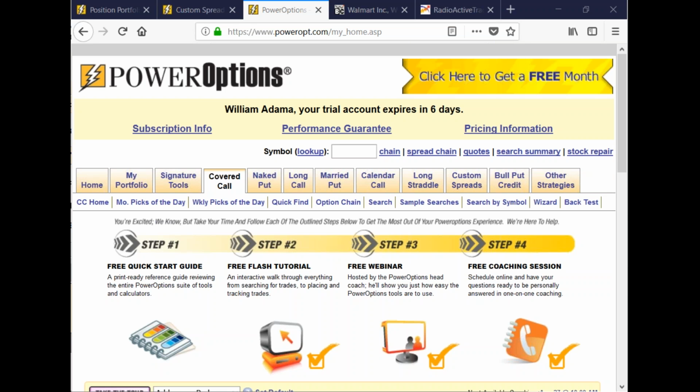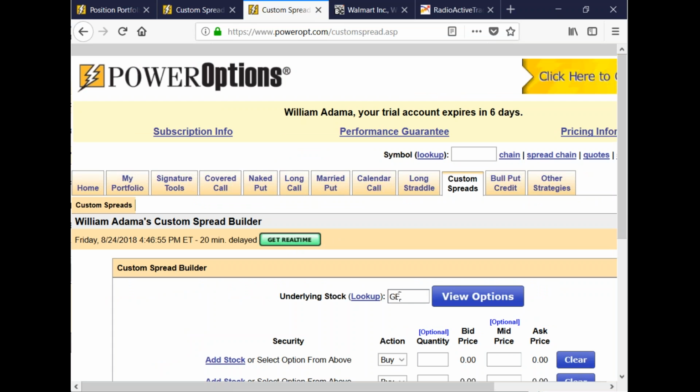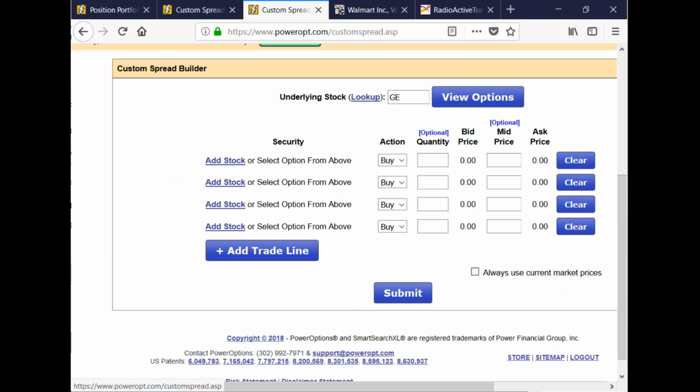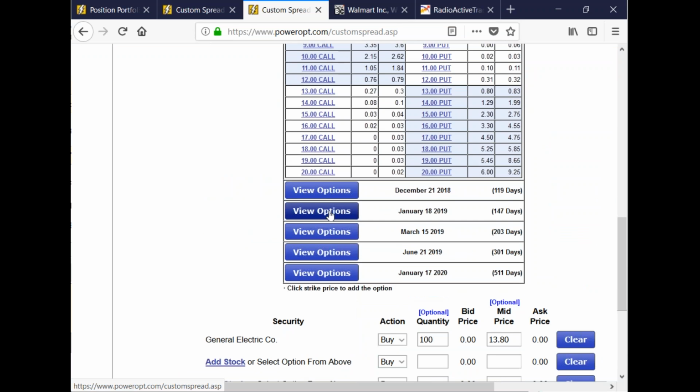It's not the ratio spread I would use. I would use more of a stock repair, but you're saying if GE really recovers in this situation and moves back up. So let's say GE with a cost basis of around 13.80. And we have 56 days to October.